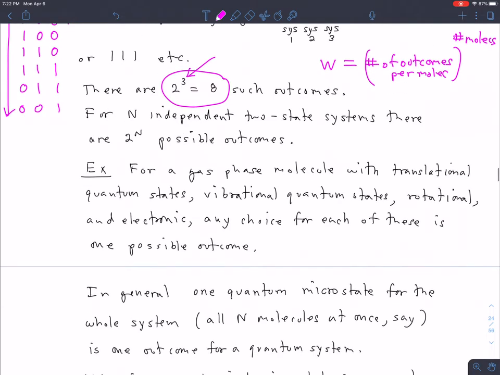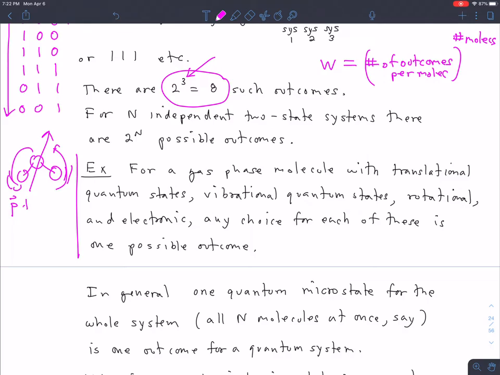All right. Another possibility is that I have a single gas phase molecule, let's say a water molecule. Well, that water molecule has a bunch of internal degrees of freedom, right? It's got rotations. It's got translations. It's moving through space. It's got internal vibrations. And so I have to specify something. I have to say something about each of those possible degrees of freedom.